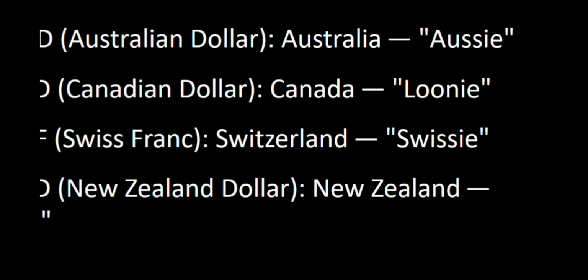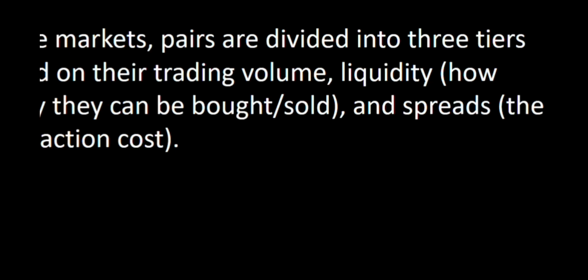As a forex trader, you need to understand these currency pairs and the ones that have been mostly traded in the market. You understand? You need to understand them all. So that is it.